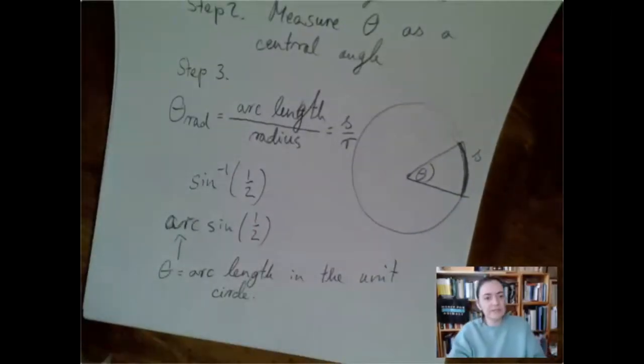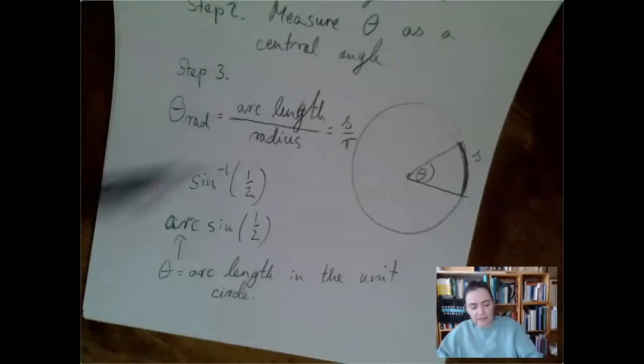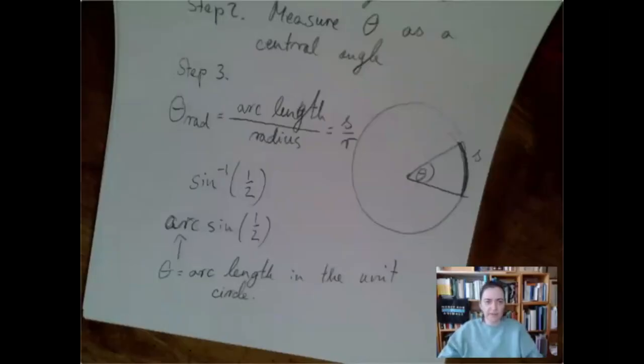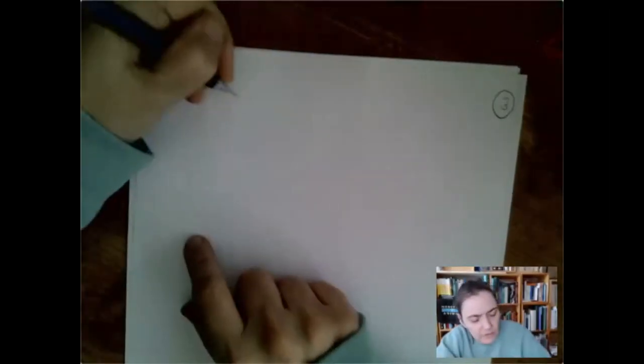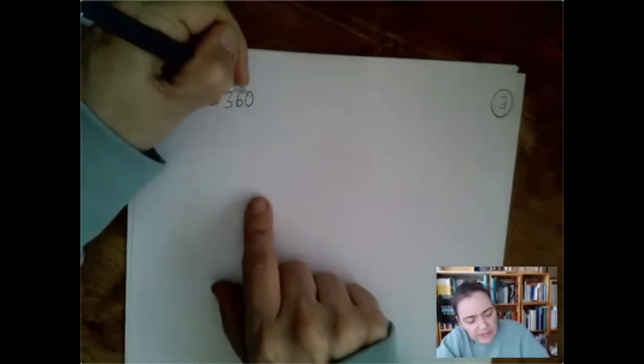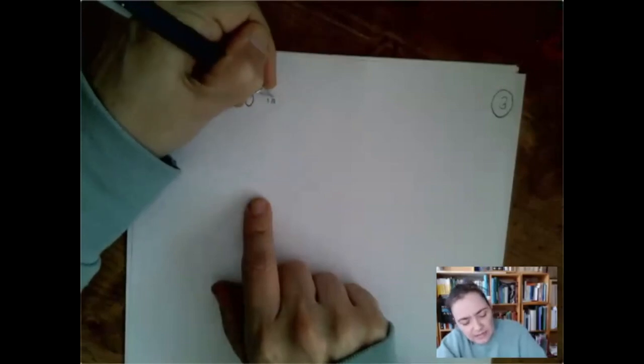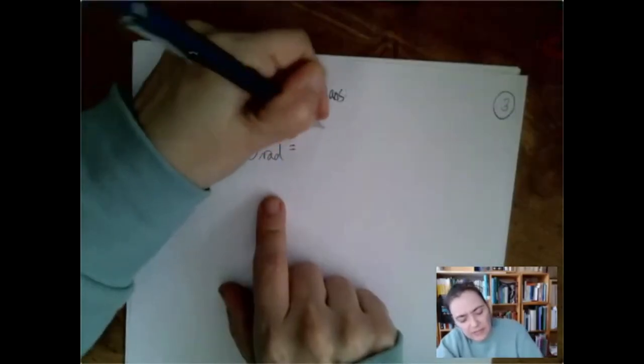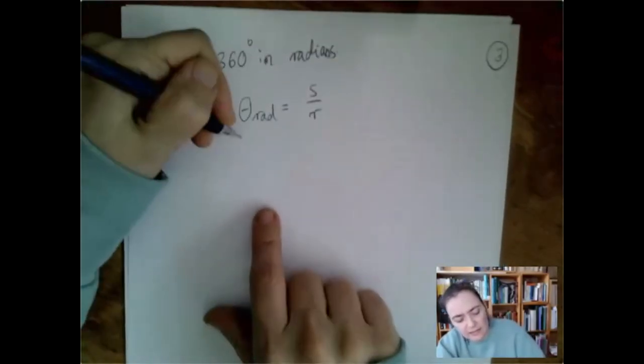And so notice that no matter how we measure the length, when we divide the length by another length, the unit cancels out, and this is a real number. So we can find 360 degrees in radians. The definition is the arc length divided by the radius.